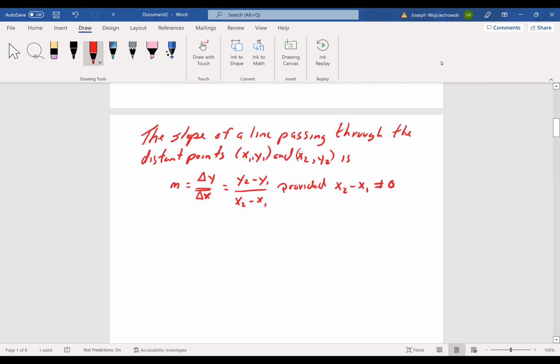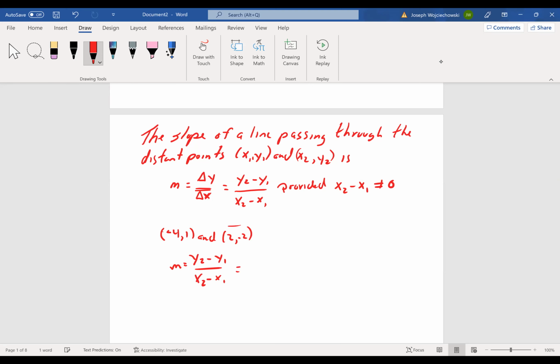So let's look at a couple examples. Or one anyways. Let's look at, what's the slope of a line passing through -4, 1, and 2, -2? Well, we simply take our slope equals y2 minus y1 over x2 minus x1. Doesn't matter which is which.